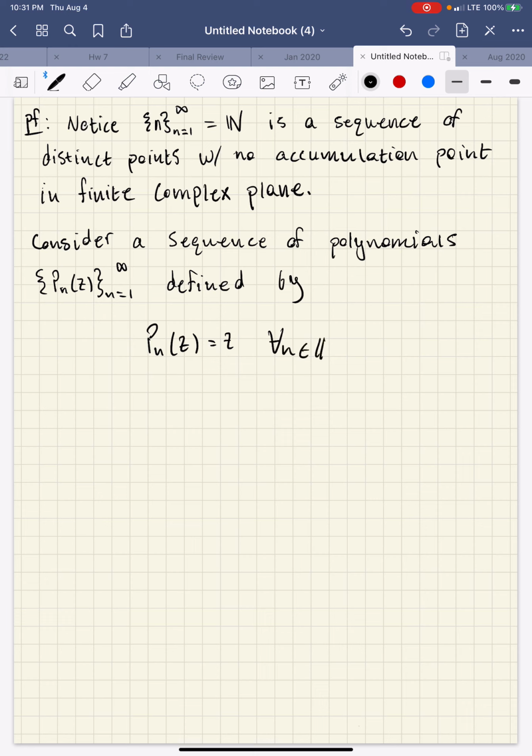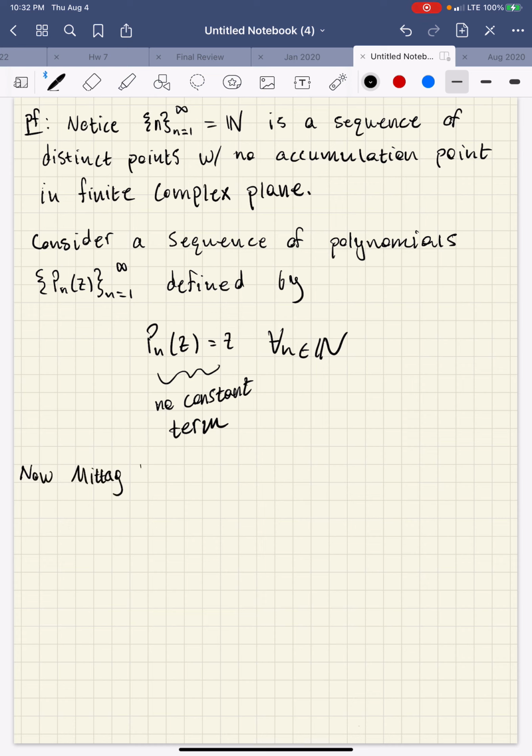So for every index value, this is the case. Really, every term of this sequence is the same, and they're all just identity maps. And notice that this has no constant term. Great, so we have a sequence of natural numbers. This is the sequence of distinct points with no accumulation point on the finite complex plane. And we have a sequence of polynomials in z with no constant term. So now we can go ahead and apply Mittag-Leffler.